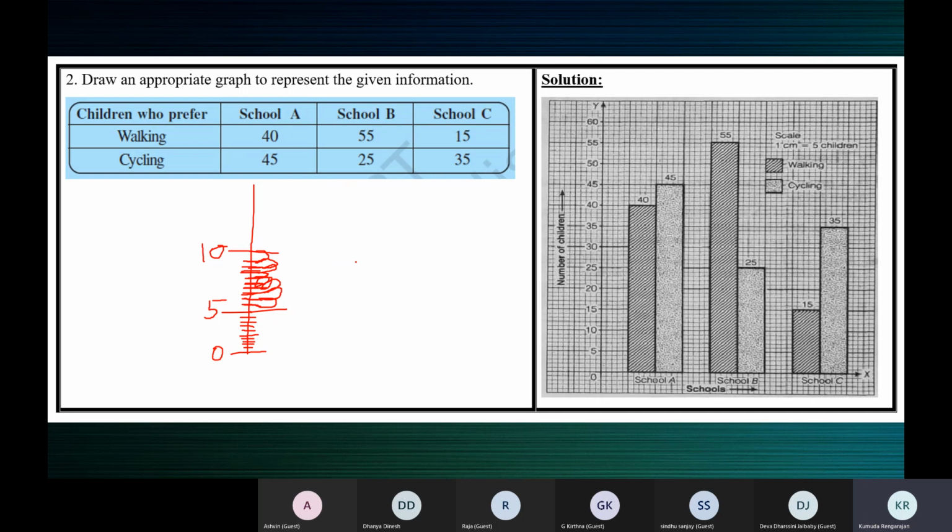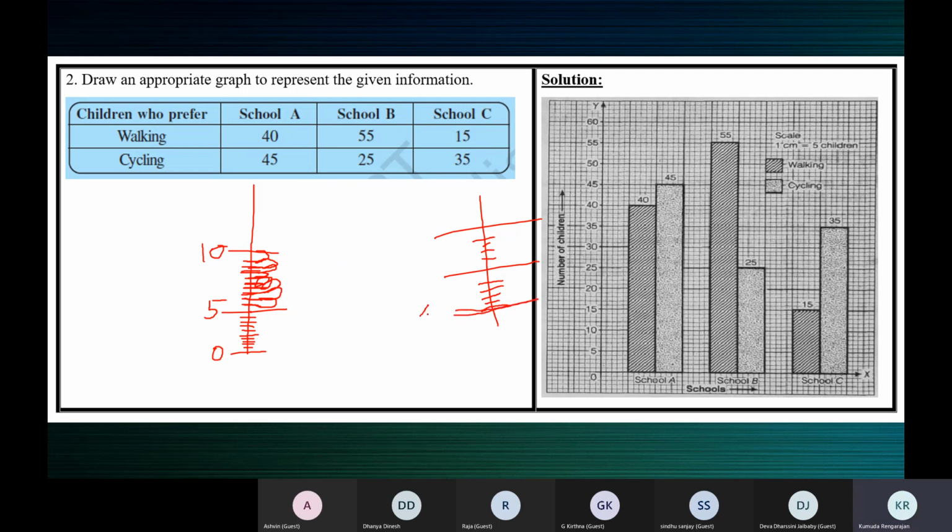Now, supposing we're reading between 40 and 45. Here, children, they have not shown all the 10 divisions. That's what I'm trying to say. But there will be 10 divisions, na?